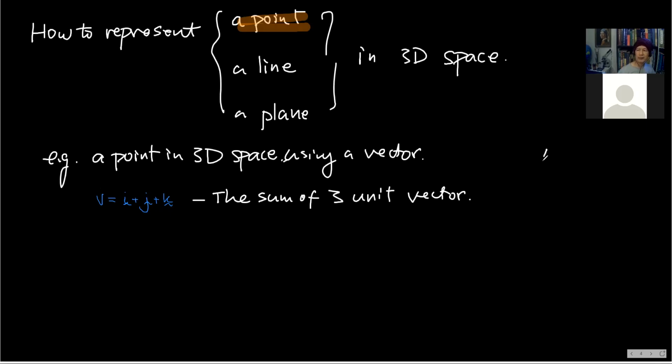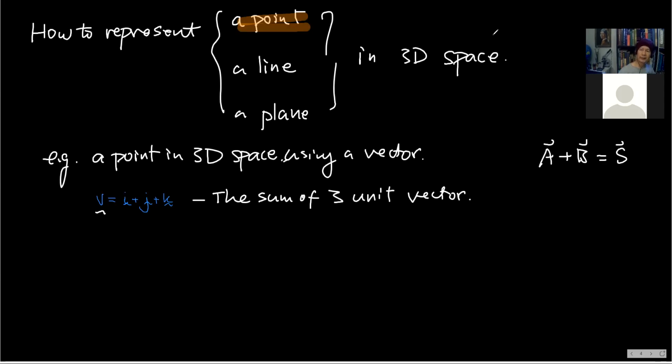The vector plus vector, what do we get? This is just a basic idea. If you have 2 vectors, do we get a vector or a scalar? It would be a vector. So that v, can we use your notation? That v will represent the sum of 3 vectors, right? Does that represent the point?